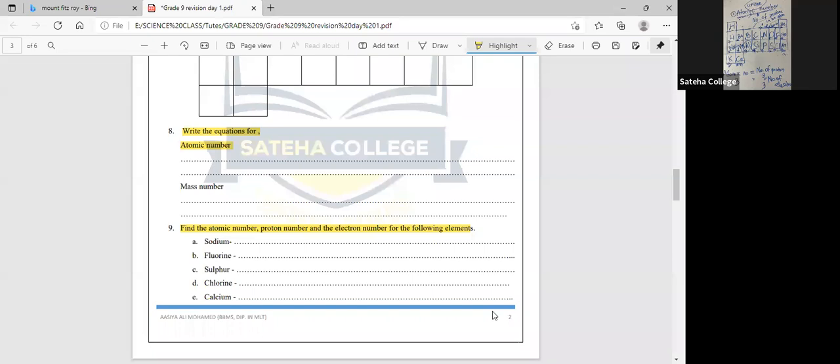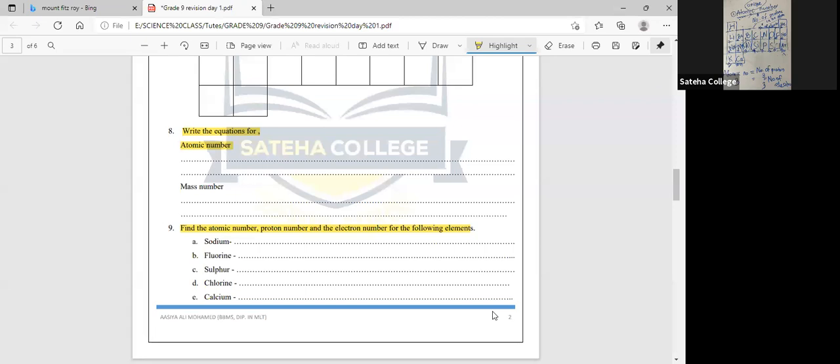Madam, we will need this diagram in grade 10, no, madam? Yes, you will need it in grade 10, but in grade 9, they have given you certain elements from this. So I want to make the work easy for you for grade 10. If you memorize it now itself, it will be much easier for you when you go to grade 10, because every chemistry part in grade 10 and 11 depends on this diagram.